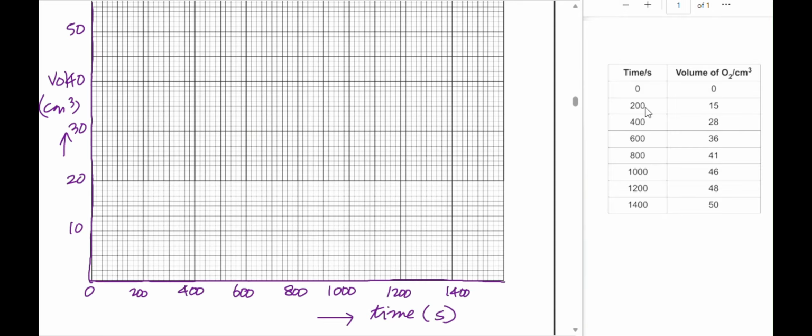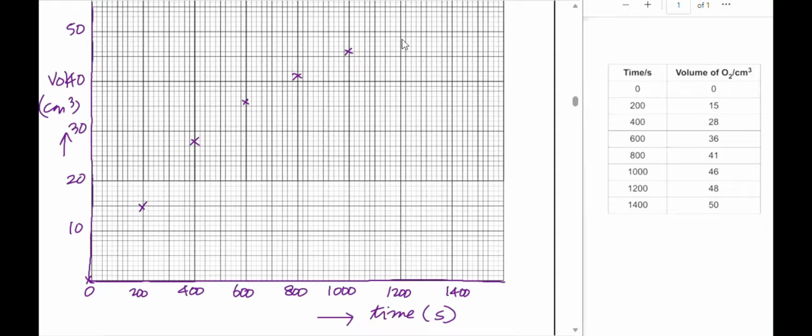Cool. Now looking at the table here, here is the first point, 200 in 15, 428, 636, 35, 36, 841, 1046, right, 1248.